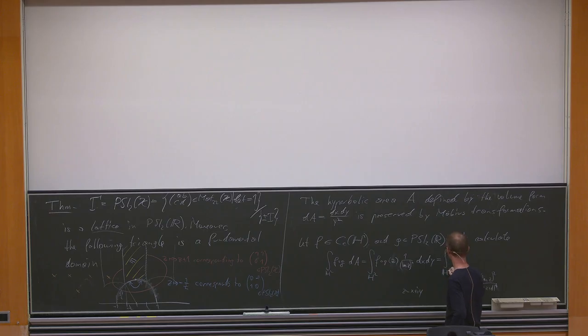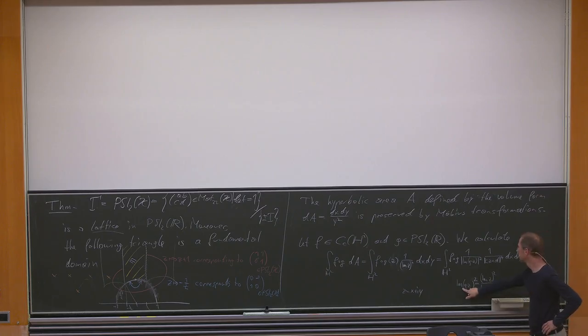The integral over H squared of f composed with G, and then I have 1 over the absolute value squared of the imaginary part of Gz, and I think I get a 1 over the absolute value of cz plus d to the 4th power, dx dy. Yeah, it looks good. I multiply by this and then take this and put it here, and I get this expression.